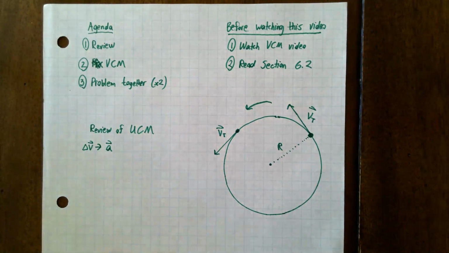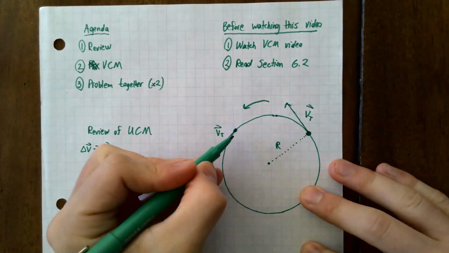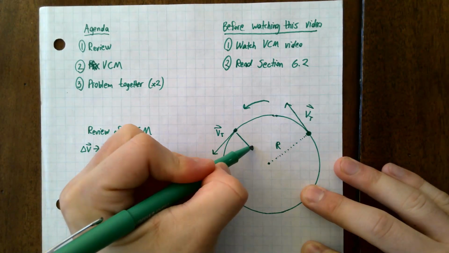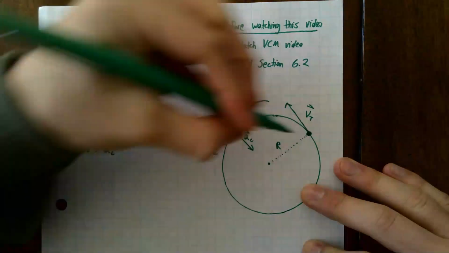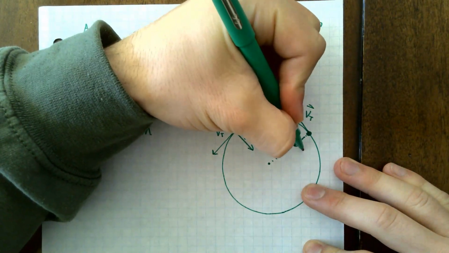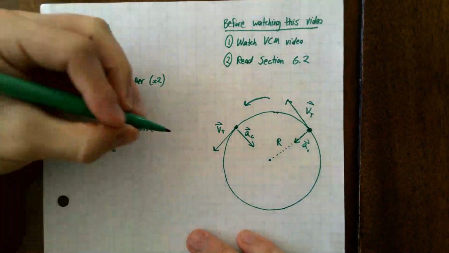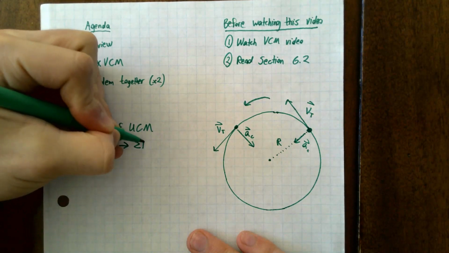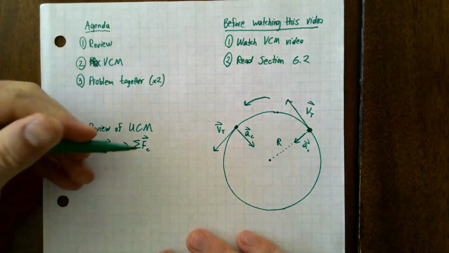We saw last class that acceleration is directed towards the center. While the velocity is tangent, the acceleration is perpendicular to that, pointed towards the center of the circle. There's our centripetal acceleration. If we have some centripetal acceleration, then we also have some force generating it: a net centripetal force. We can quantify both.